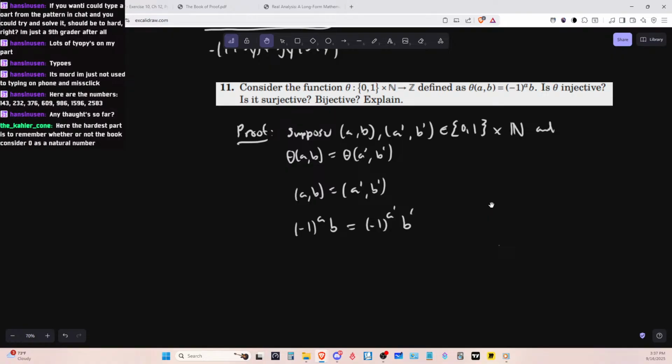Alright, so now we've got to prove that this is injective. How do we go about doing that?